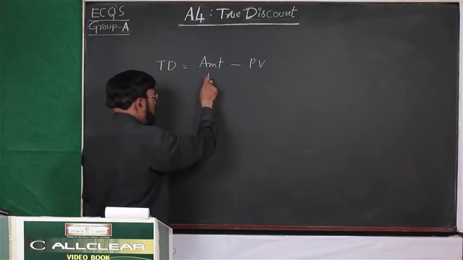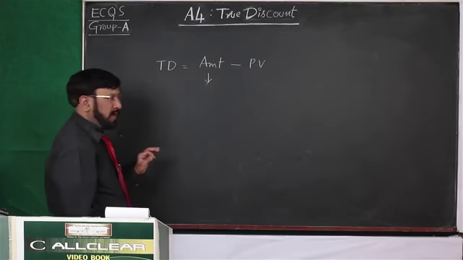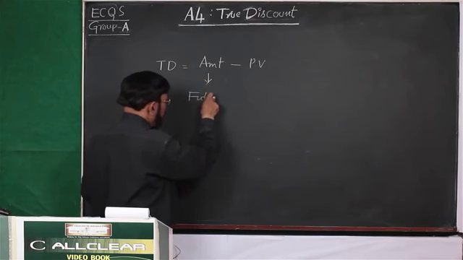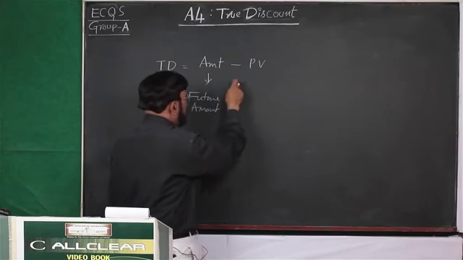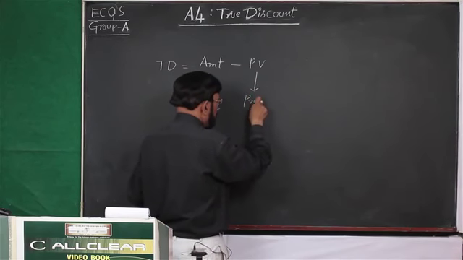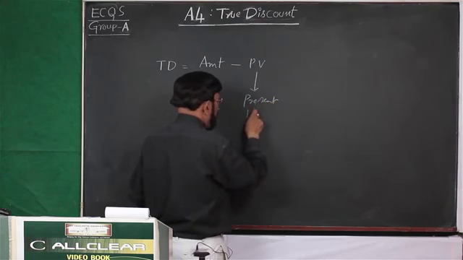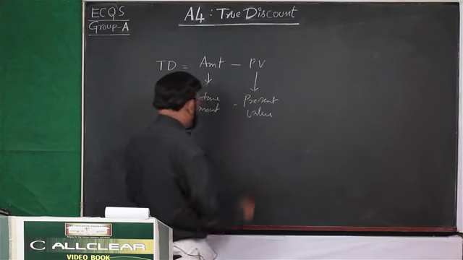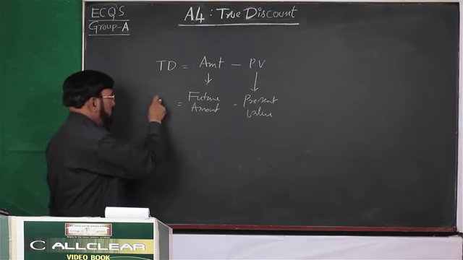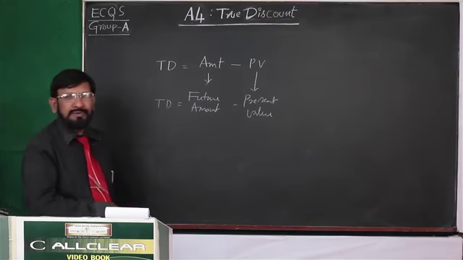This amount should be understood as future amount and PV is present value. Future amount minus present value is equal to true discount.